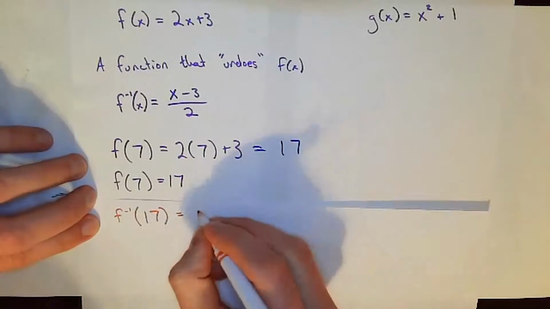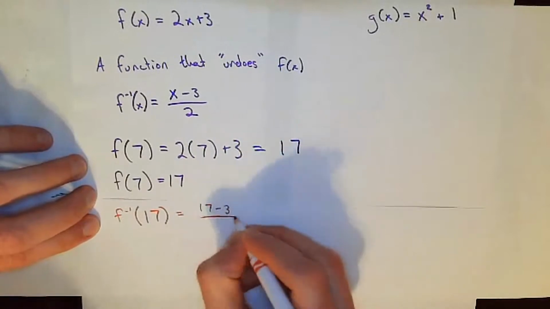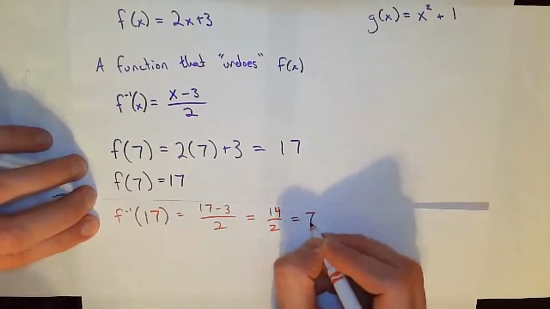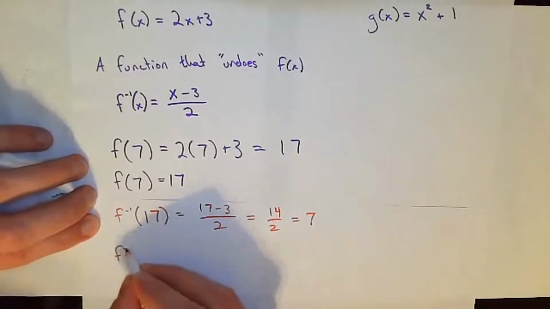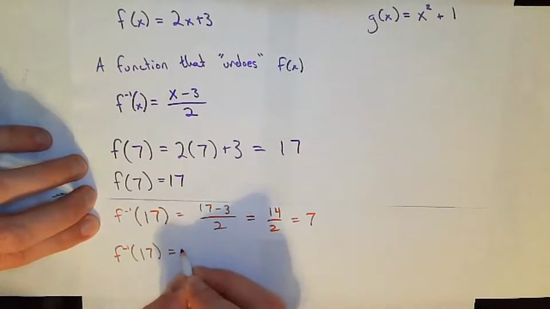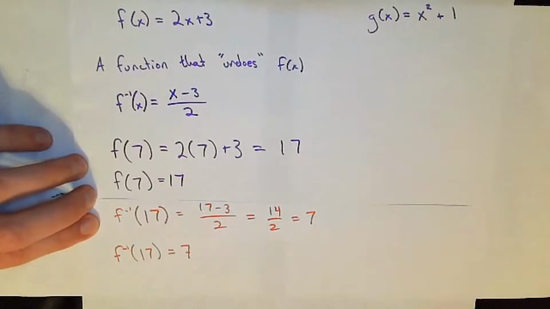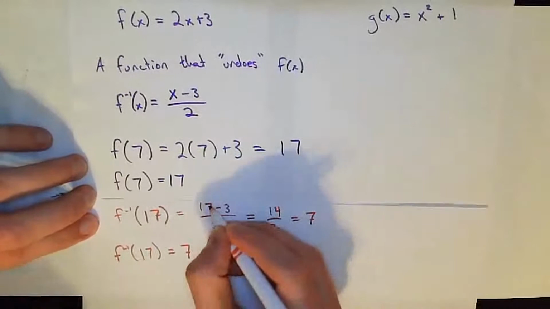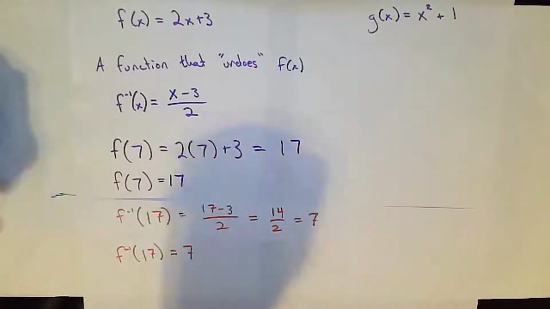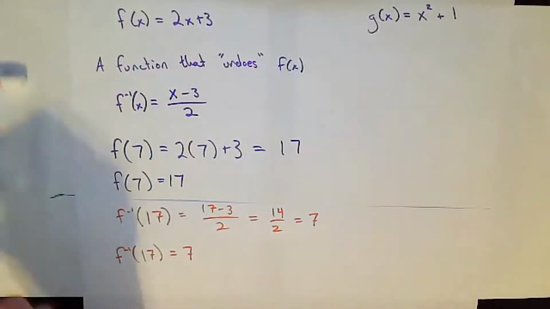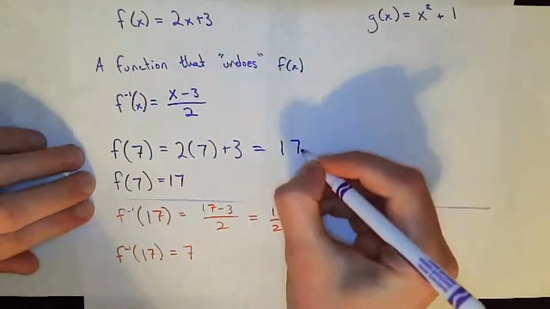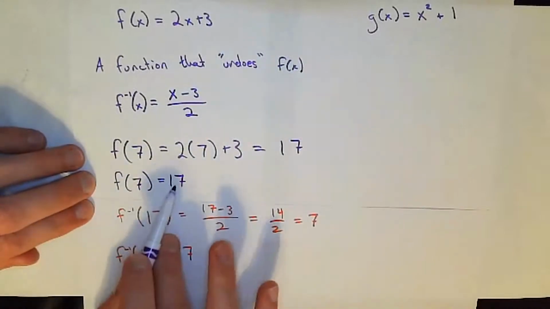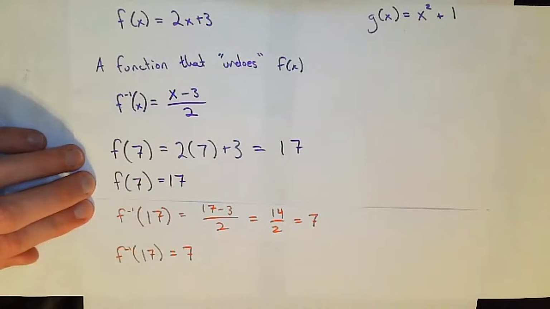Let's see. 17 minus 3 over 2 is the same as 14 over 2, which is 7. So f inverse of 17 is equal to 7. The point is that if f of 7 is equal to 17, then f inverse of that output 17 should be equal to 7.